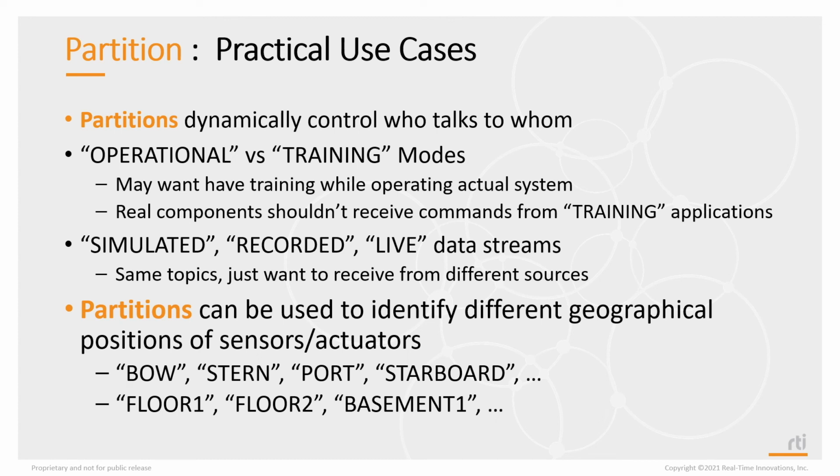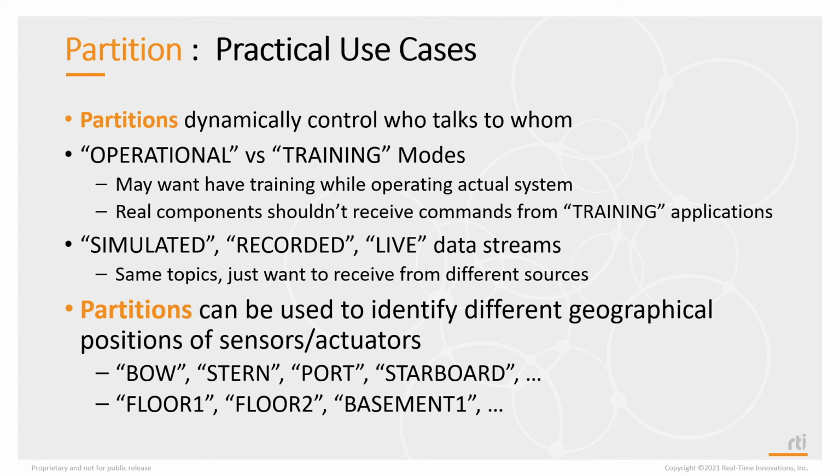So your actual room maybe has multiple consoles, and some of those consoles are in control of the actual system operationally, and the other consoles are going to be used just for training. At least at that time, it's going to be used for training. So you use partitions to divide operational versus training. You may have different versions of the same data stream. Okay, you may have live data streams, simulated data streams, recorded data streams.